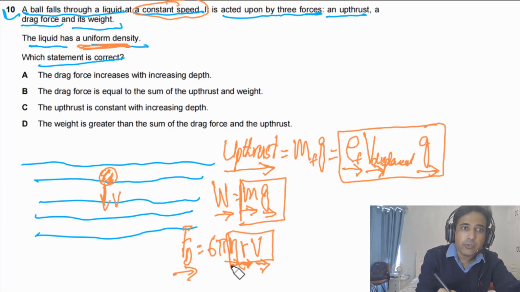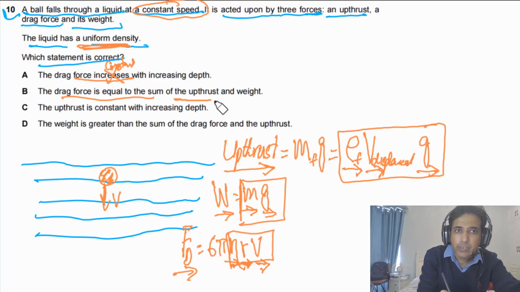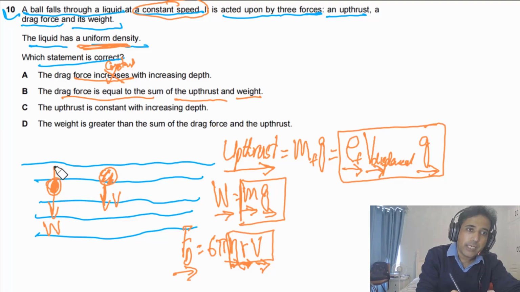Now if you look at the given options, it says drag force increases. Incorrect, it stays constant. Drag force is equal to the sum of the upthrust and weight. No. When the ball is falling down, if we draw the forces, weight is acting down, so as the ball is moving down, the drag force has to be up.